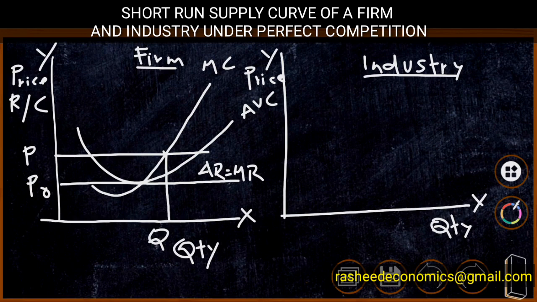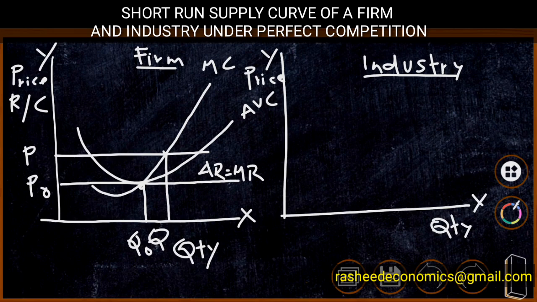Therefore a firm will not produce if the price of the commodity is below P0. Therefore the minimum quantity that a firm produces at OP0 price is OQ0. That means a firm is able to sell only OQ0 quantity at OP0 price, and that is the minimum quantity of a firm. A firm is not producing if price falls again.